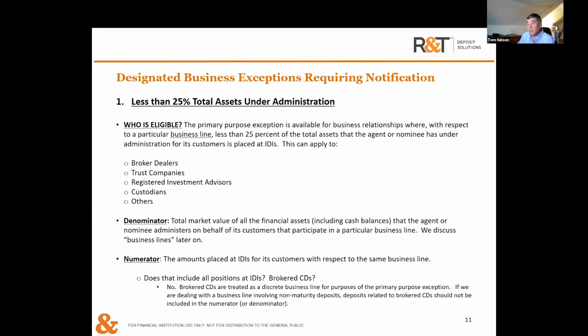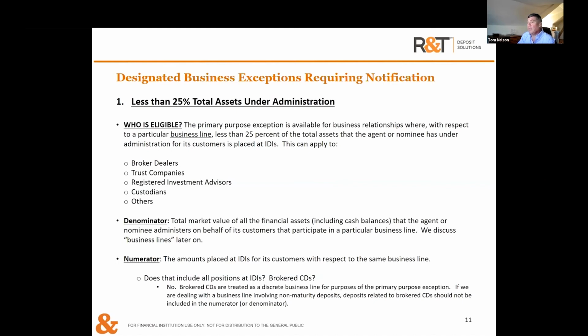Now, for banks or broker-dealers or any custodian to calculate this number, it's really very simple. The denominator is going to be all of the assets, stocks, bonds, mutual funds, cash, everything that they are holding on behalf of customers. The numerator is just going to be the amount they place at IDIs.